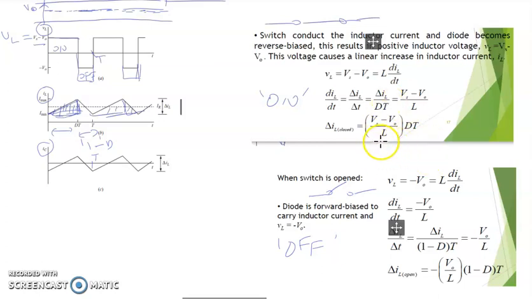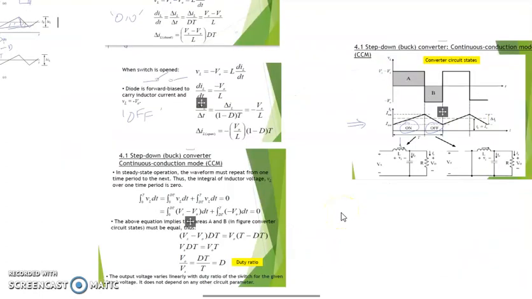So these two values, actually, you can see. Okay, as we mentioned just now, you start at a certain level and it should stop at the same level. So by right, your delta IL during on plus delta IL during off should be 0.